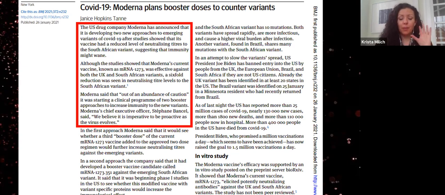Now, keep in mind that this is something they are saying they are testing. They don't know that that will be an effective way to deal with this new variant, but it's something that they want to test out and see if that would actually then make their vaccine as it exists right now able to deal with this new variant.